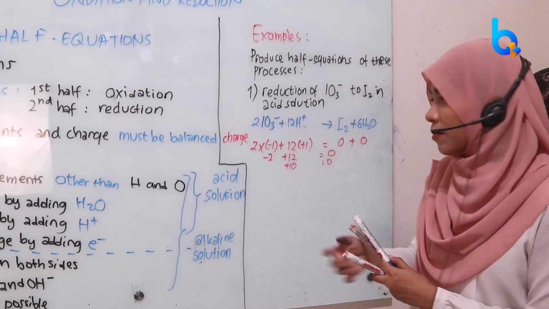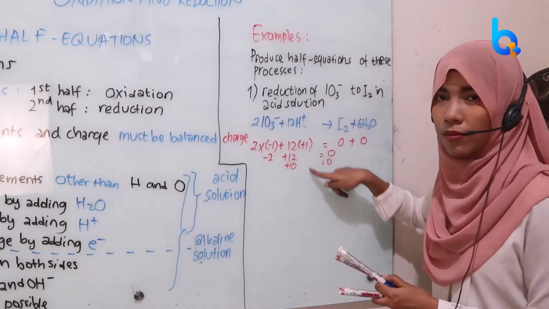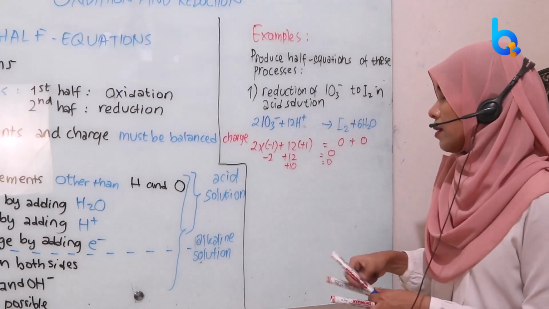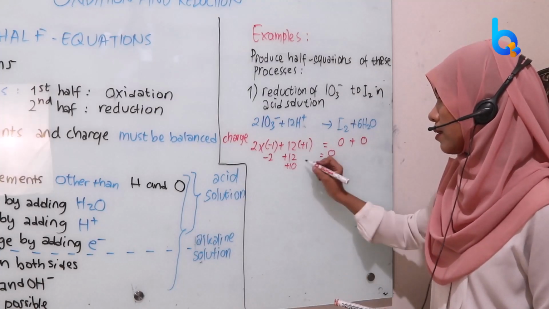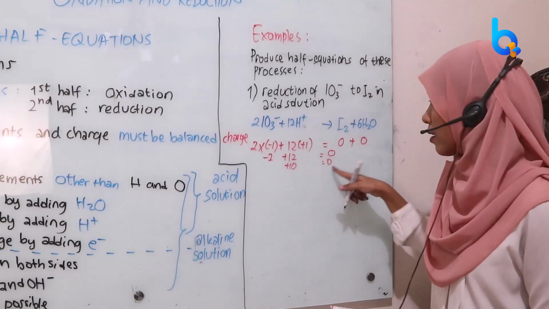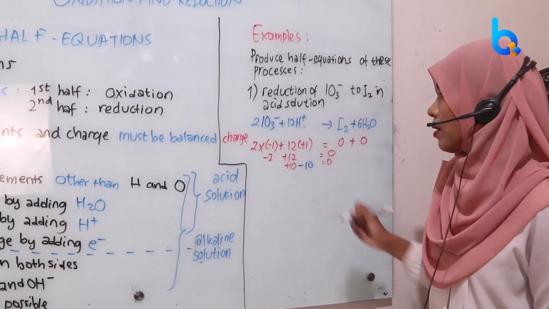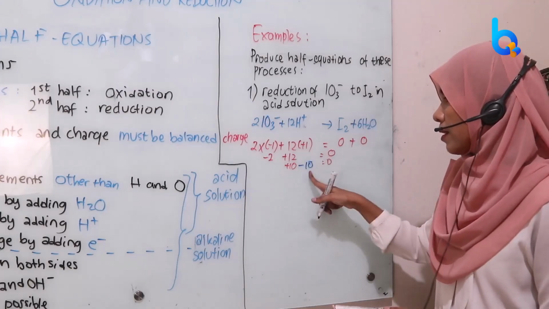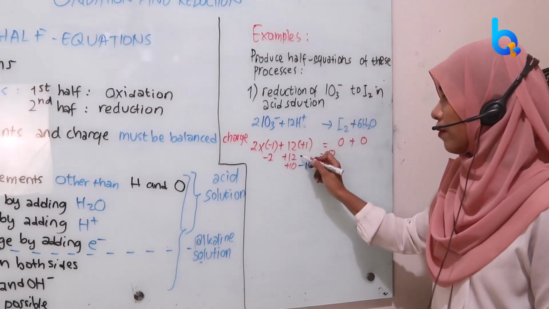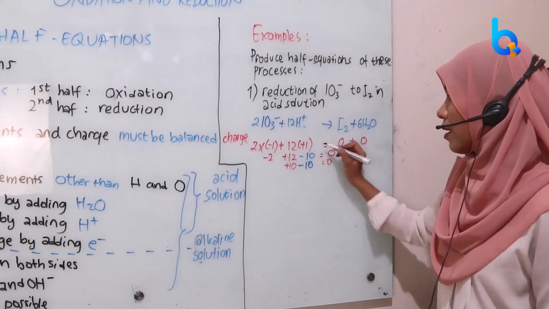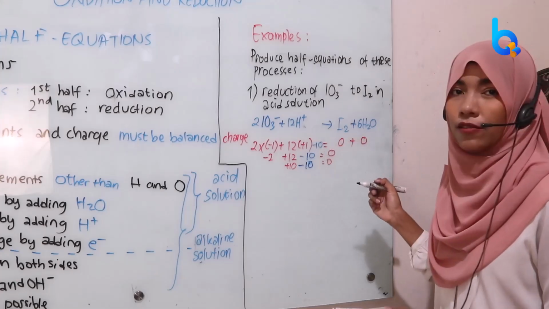No, right? So we have to reduce the number which is bigger here by a certain number, so it will be the same as on the right side. So we have to deduct 10 from this, which means this one also must be -10.